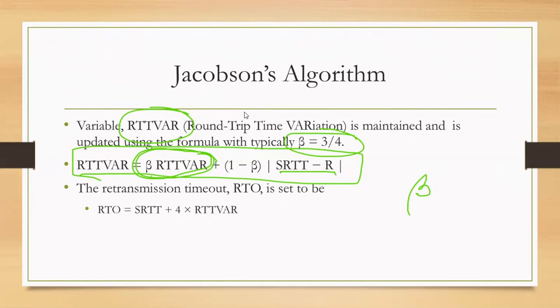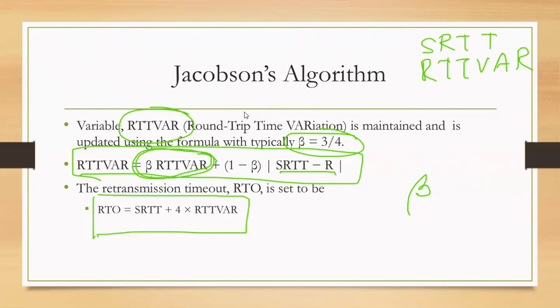Now based on these two variables, SRTT, the smoothed round trip time, and RTTVAR, the RTT variance, we can compute the retransmission timeout, that is RTO, using this formula: SRTT plus 4 into RTTVAR. This takes into consideration the round trip time as well as the variance.